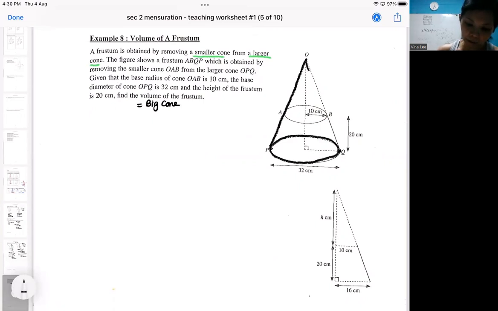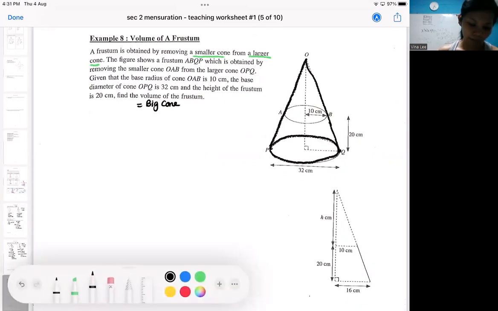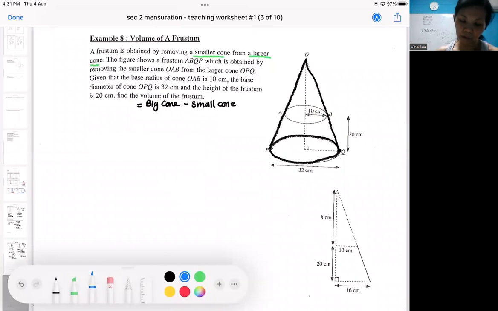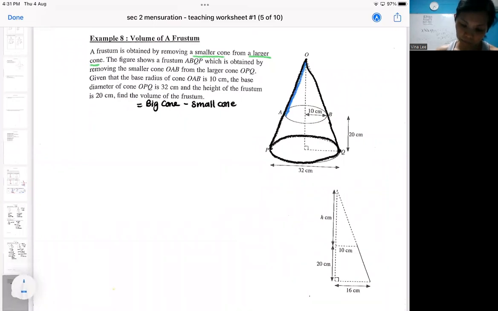And then I'm going to subtract the small one. So it's quite easy if you have the dimensions. So I'm going to subtract like this.